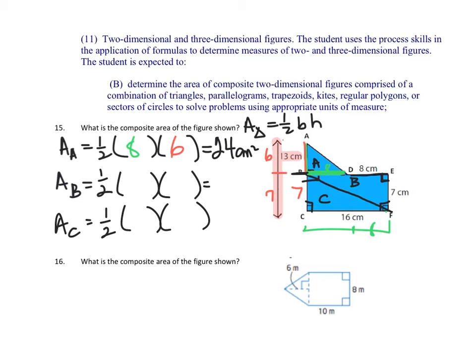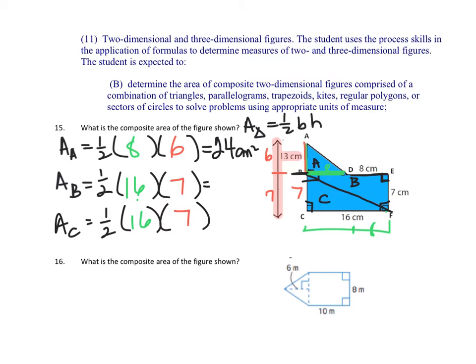So we have 16 by 7. Okay, half of 16 is 8. 8 times 7 is 56. I'm doubting myself.